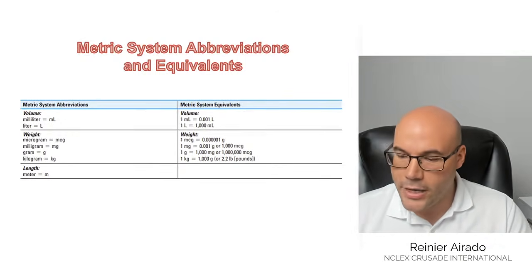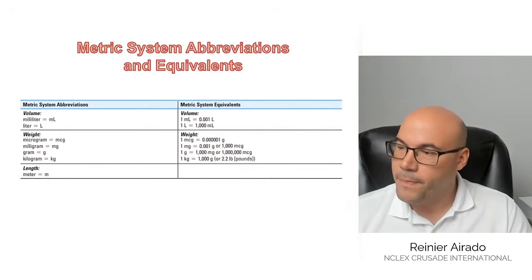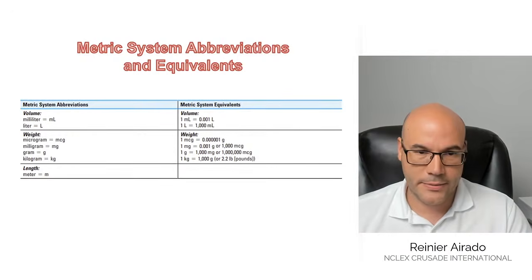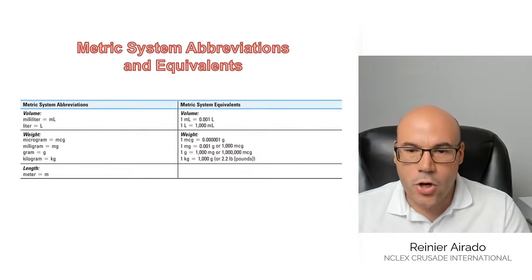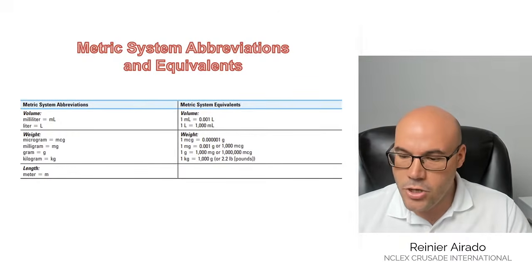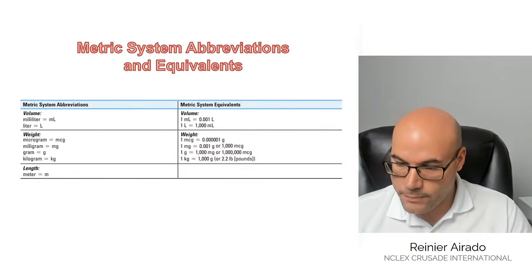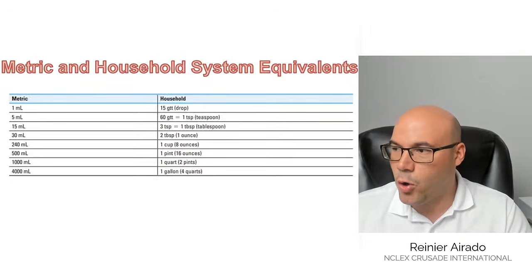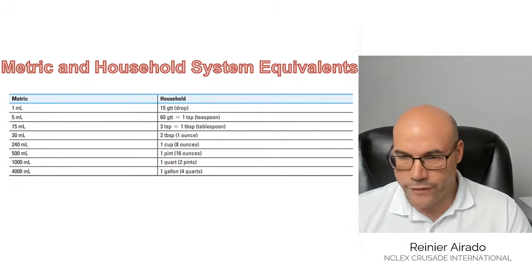In this chart that you have in front of you, you have the metric system abbreviation and equivalence. So I want you to take note of this and save it so you can study it later on, okay? There are also metric and household system equivalents.